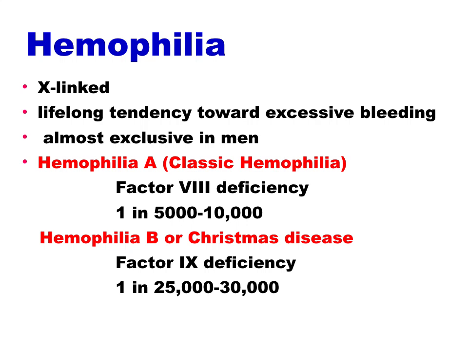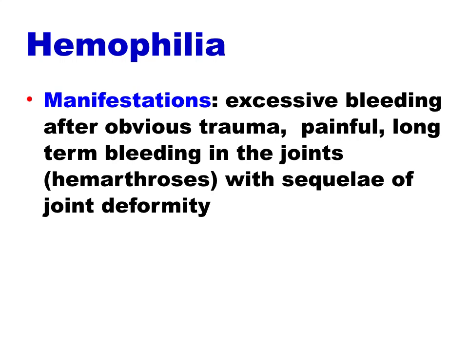We have the Christmas disease, hemophilia B. Specifically for A, factor 8 is the deficient factor, and factor 9 is the deficient factor in Christmas disease. Take note that hemophilia A is more common than hemophilia B.